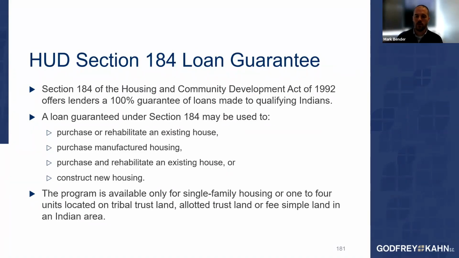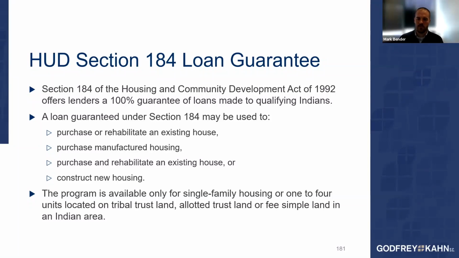The next program we'll talk about is the HUD Section 184 program. This has been HUD's kind of signature loan guarantee for some 30-odd years. Section 184 refers to the Housing and Community Development Act of 1992. This program offers lenders a 100% U.S. federal government guarantee. The loan proceeds can be used to purchase or rehab an existing home, purchase manufactured housing, or construct new housing.